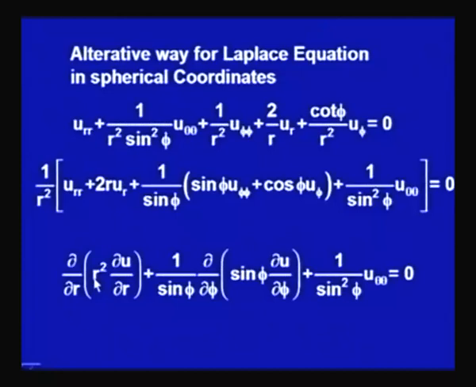So, r square times u r r, and then the derivative of r square is 2 r and then u r as such. So, this is del upon del r of r square del u over del r. Then 1 upon sin phi. Now, if I take sin phi u phi, its derivative with respect to phi would be sin phi times u phi phi, and then the derivative of sin phi is cos phi and u phi as such. So, it is del upon del phi of sin phi del u over del phi, and then the third term is as such.